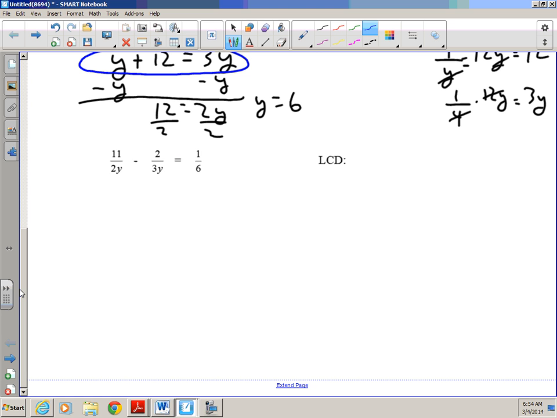My LCD is 6y. So I'm going to multiply everything by 6y. Again, I'm going to do this off to the side.